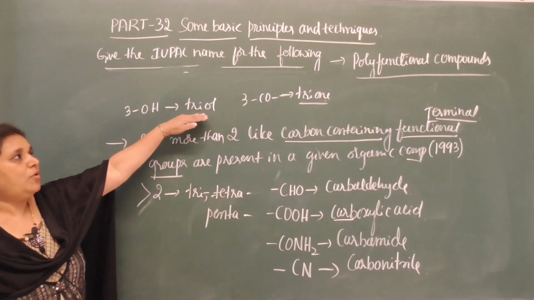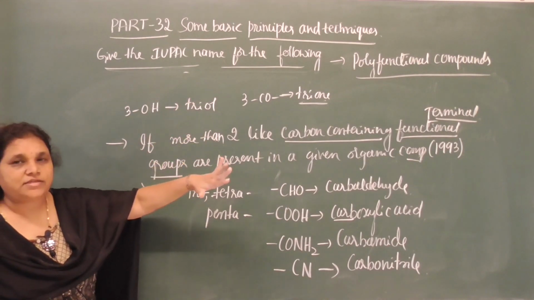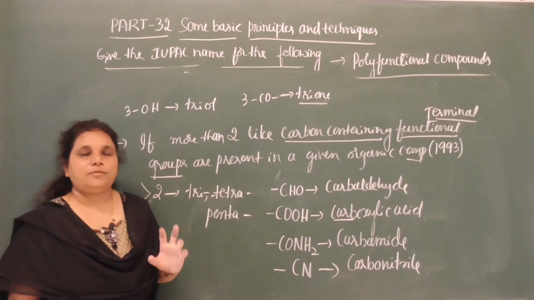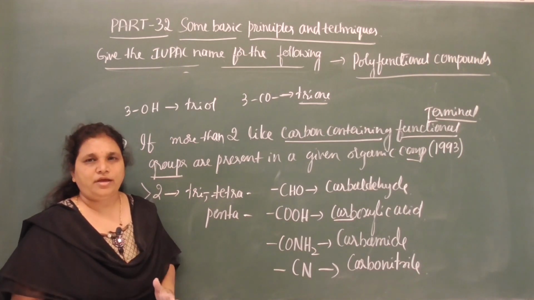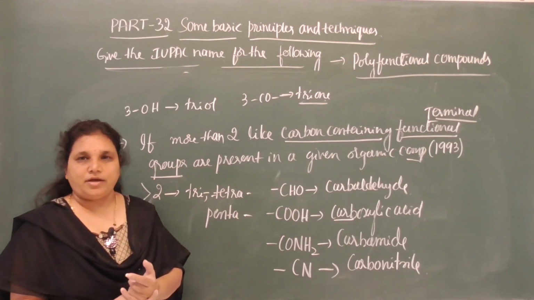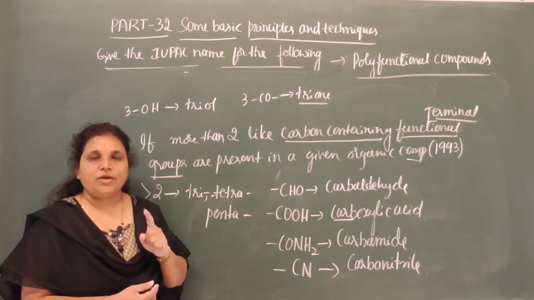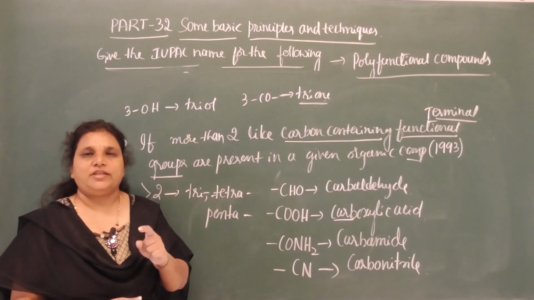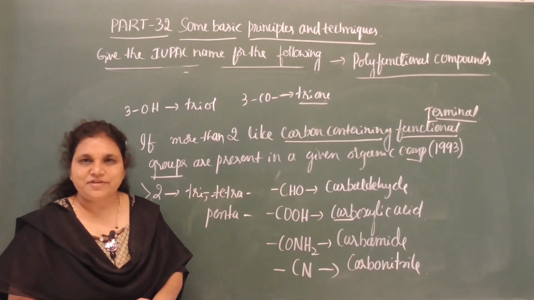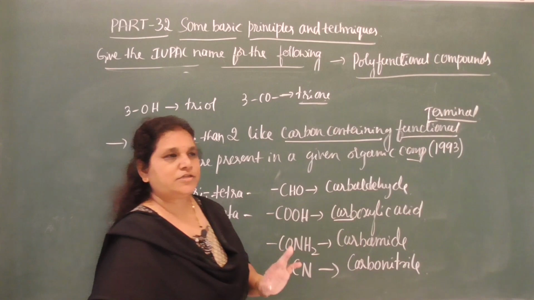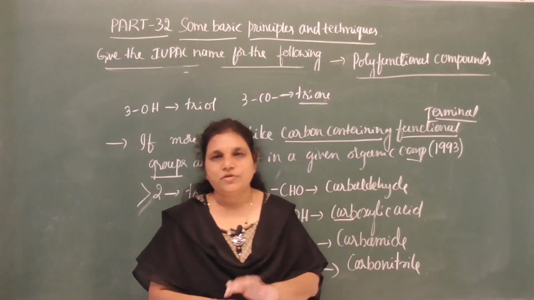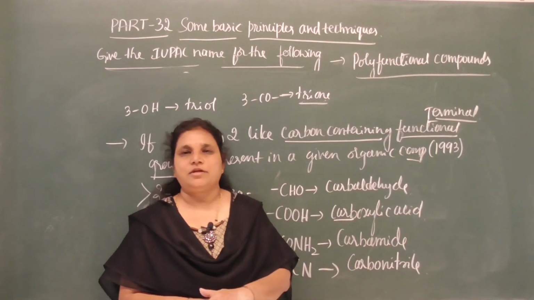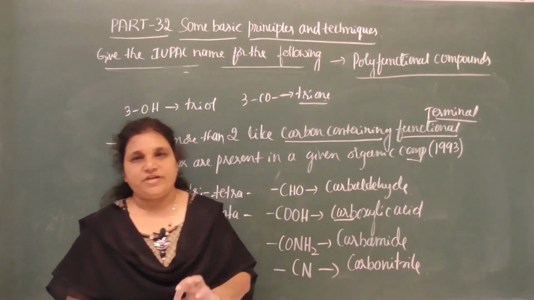If more than 2 different functional groups are present, you need not worry, you just have to follow the priority table and take one of the functional groups as the principal functional group. For that you need to give the secondary suffix, and the remaining functional groups you have to treat as substituent groups, and for those you have to add prefixes.